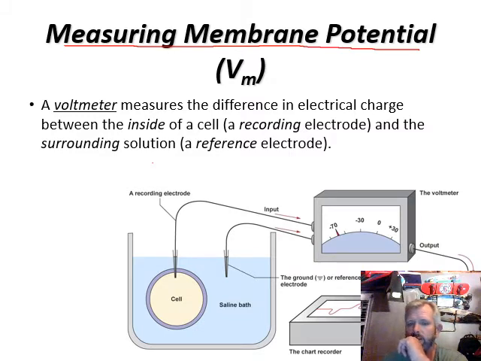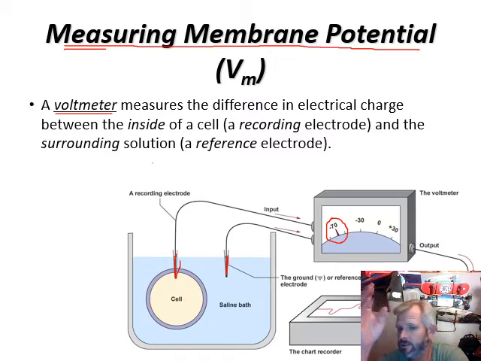If you took a voltmeter to measure voltage and had it in a saline bath here, similar to the cell, and you plug it into the cell, you actually will get a reading of more negative. This is telling you that it is more negative in the cell than outside the cell. So the neuron keeps what we call a resting membrane potential. There is a difference in electrical potential outside compared to inside the cell.